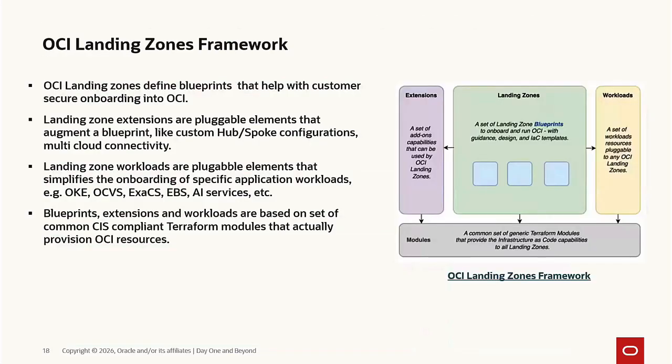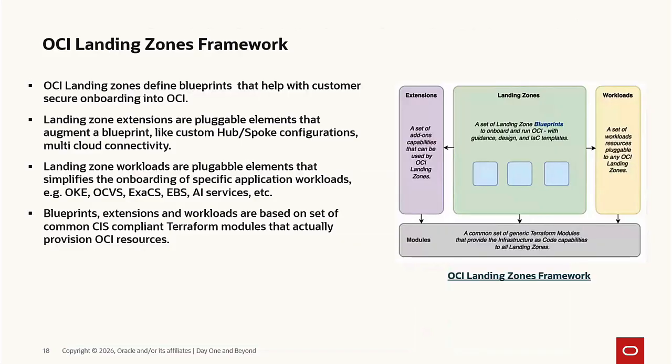Now to the landing zones framework. The landing zone framework essentially defines blueprints, extensions, and workloads, all sitting on top of a set of Terraform modules that actually do the provisioning of OCI resources. Blueprints define the basic architecture and they can be augmented by extensions.